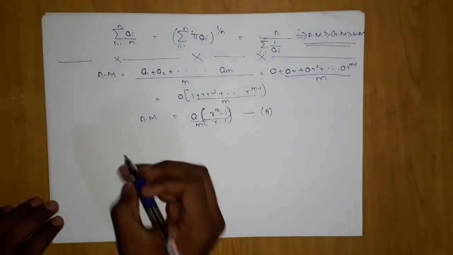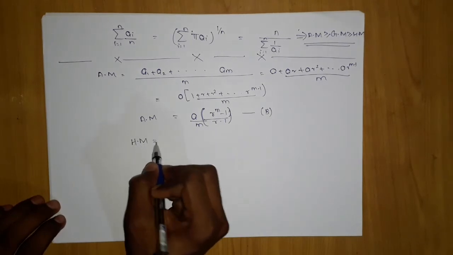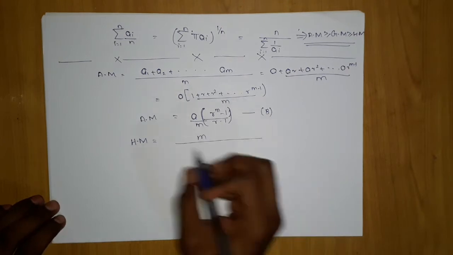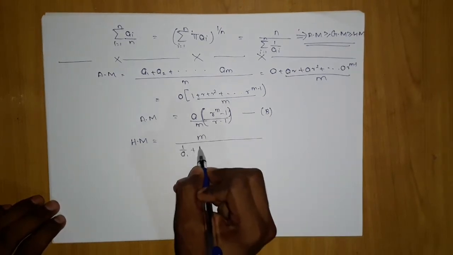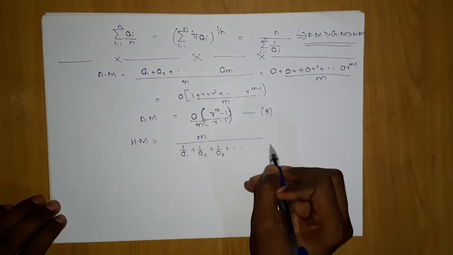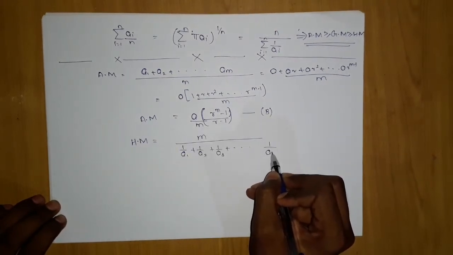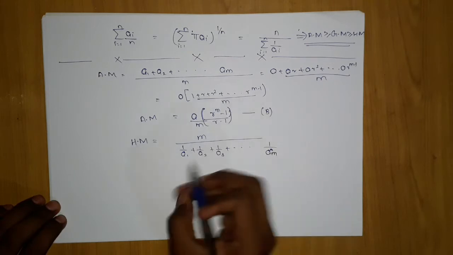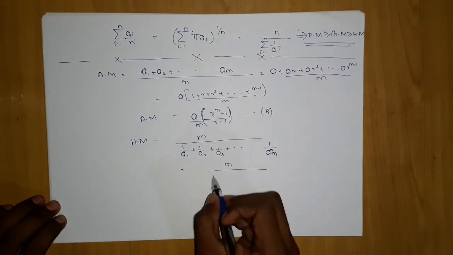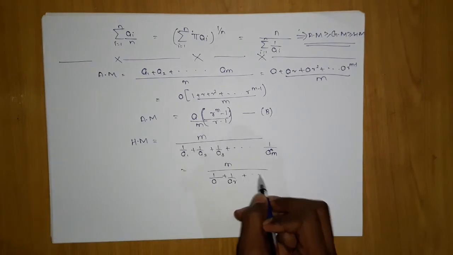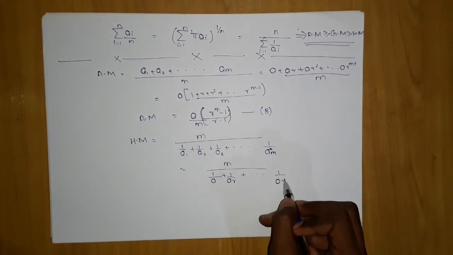Now for the harmonic mean, there will be m terms on top, upon 1 upon a1, 1 upon a2, 1 upon a3, and so on till 1 upon a m. If I open it, I will have 1 upon a, 1 upon ar, and so on till 1 upon a r power m minus 1.